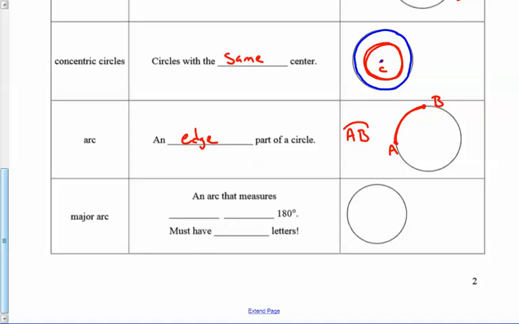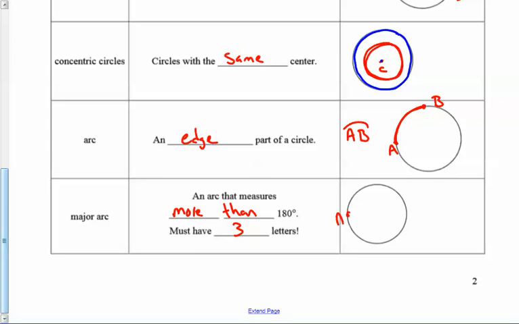One is a major arc. A major arc is an arc that measures more than 180 degrees. And this needs to have 3 letters, right?